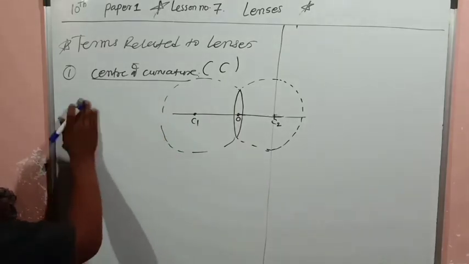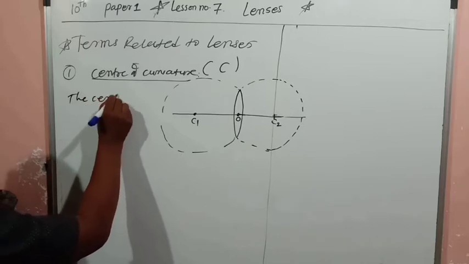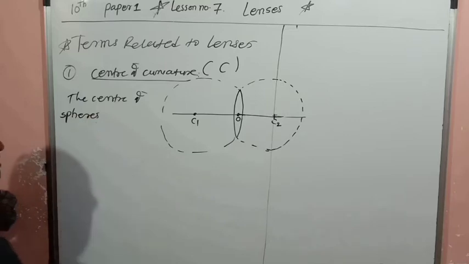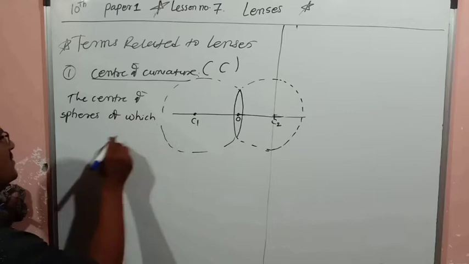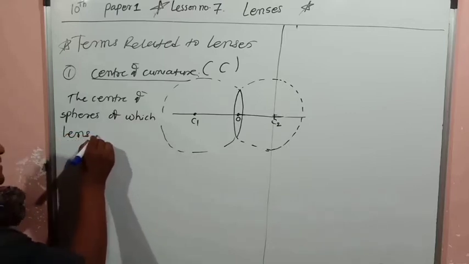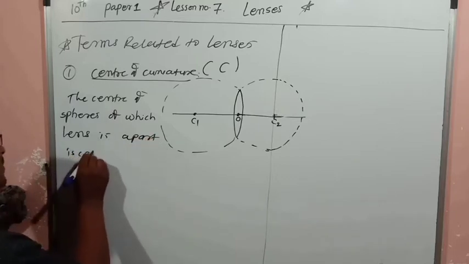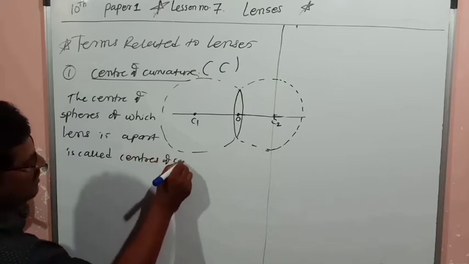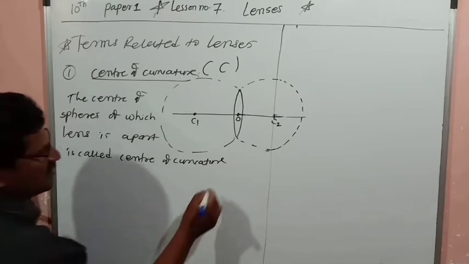So you will write the definition. The center of the sphere of which the lens is a part is called the center of curvature.